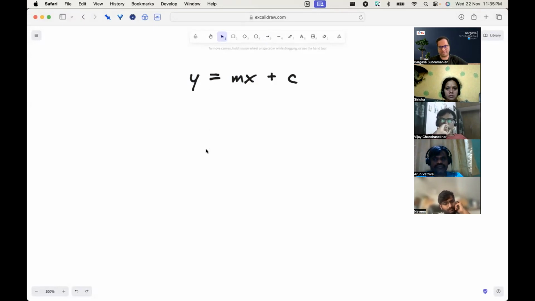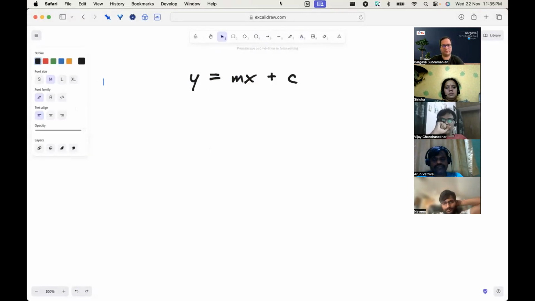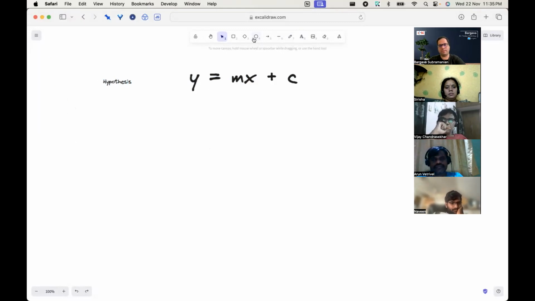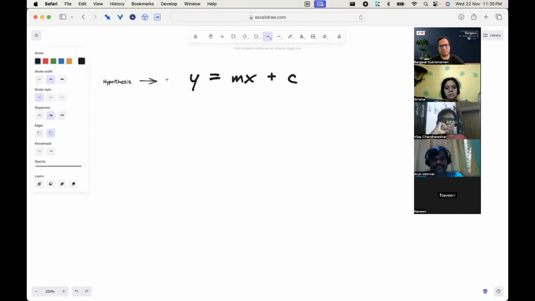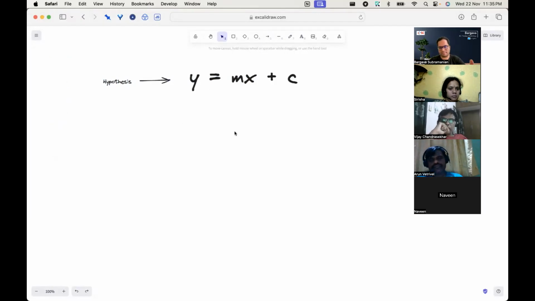This is your hypothesis, isn't it? The God function is y equal to mx plus c. We don't know, we assume that this is what it is, which is why we call it a hypothesis. I am hypothesizing that my data is linear. That's what the function is.